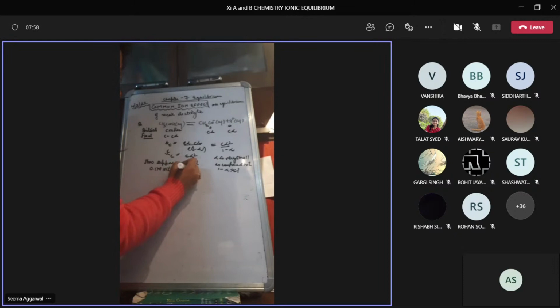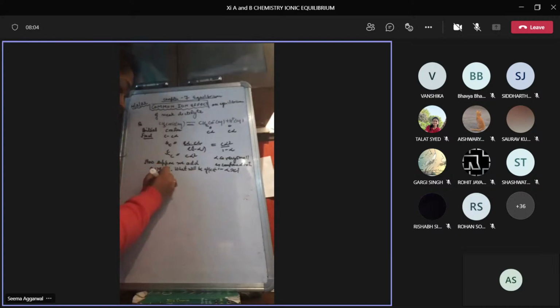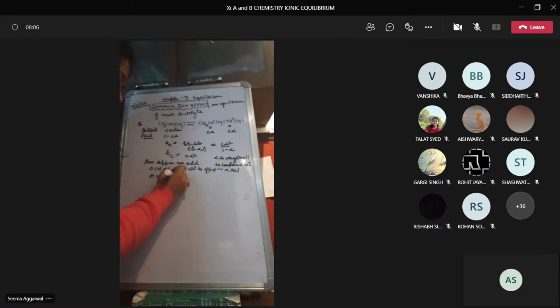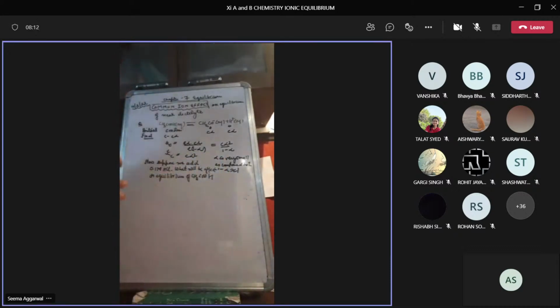What will be the effect on equilibrium? So if I am adding 0.1 molar HCl, what will be the effect of HCl on the equilibrium of acetic acid? Now, HCl is a strong electrolyte or a weak electrolyte?